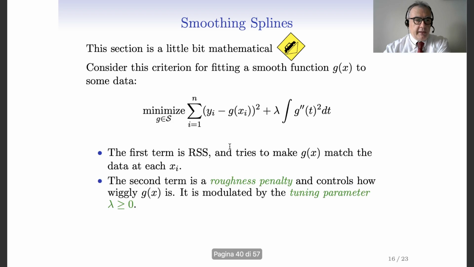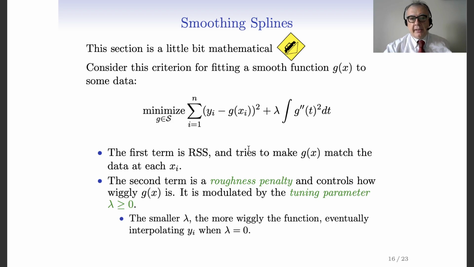This is a non-negative tuning parameter, and the idea is that if you take a very small value of lambda, then you will find a function g of x that goes very close to the data.